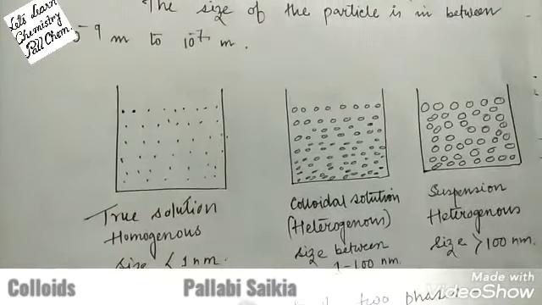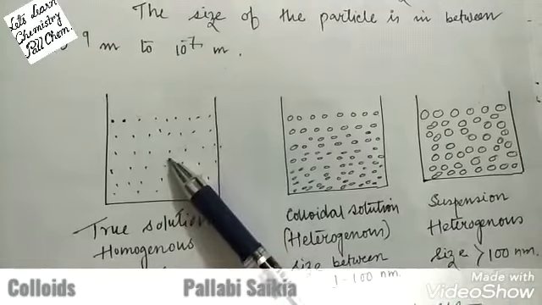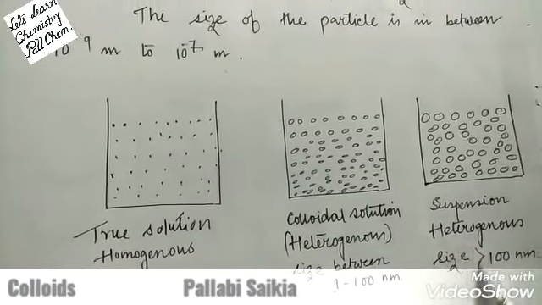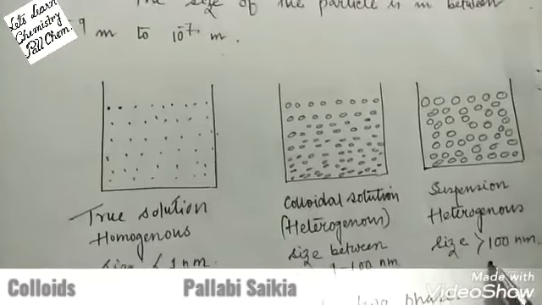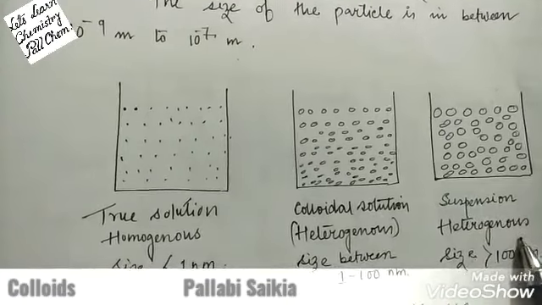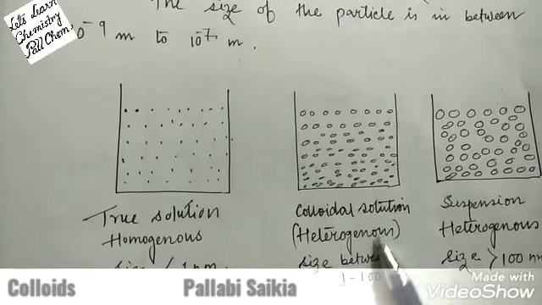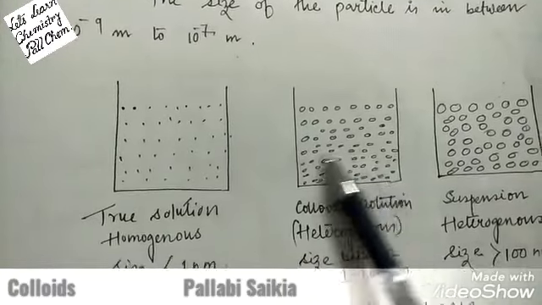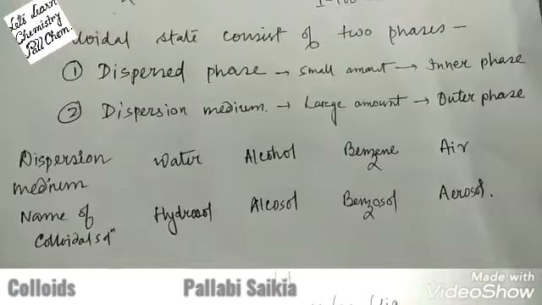If it is less than 1 nanometer, then it is a true solution and it is homogeneous. If it is greater than 100 nanometer, then it is suspension, it is heterogeneous. But if the size of the particle is in between 1 to 100 nanometer, then it is colloidal solution.